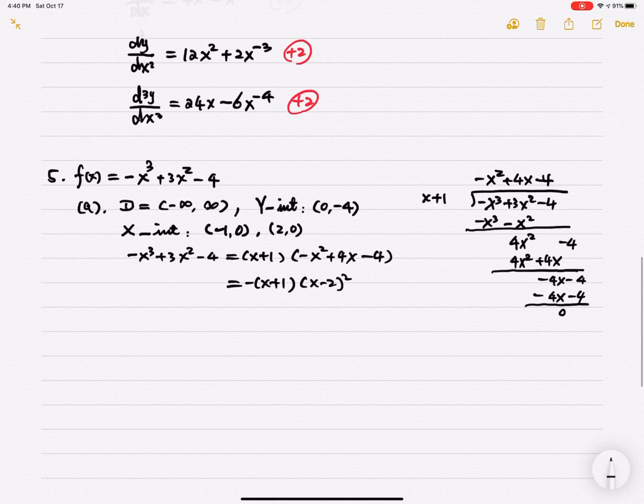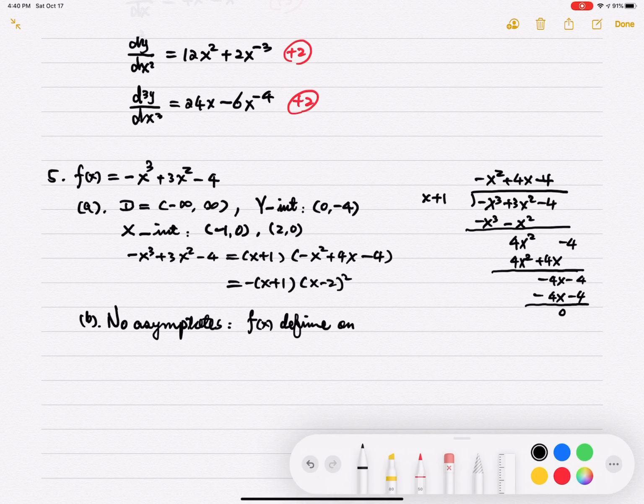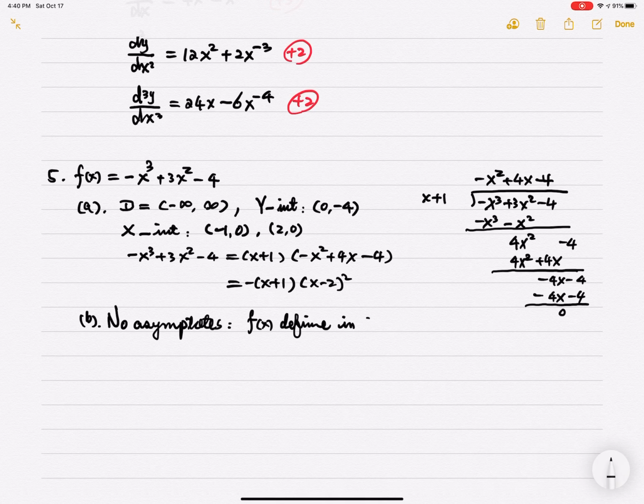Part B, we say no asymptotes. If you want to explain more, first of all, f(x) is defined in, usually for an open interval we say in, defined in negative infinity to positive infinity, which means what?